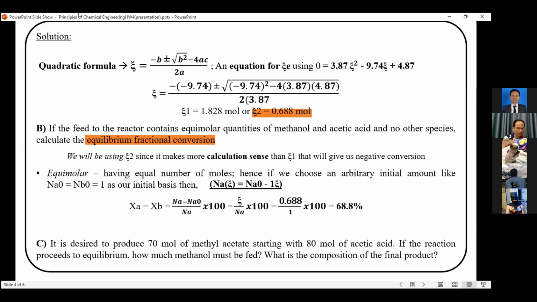Now for question C, we are asked, it is desired to produce 70 moles of methyl acetate starting with 80 moles of acetic acid. If the reaction proceeds to equilibrium, how much methanol must be fed and what is the composition of the final product?